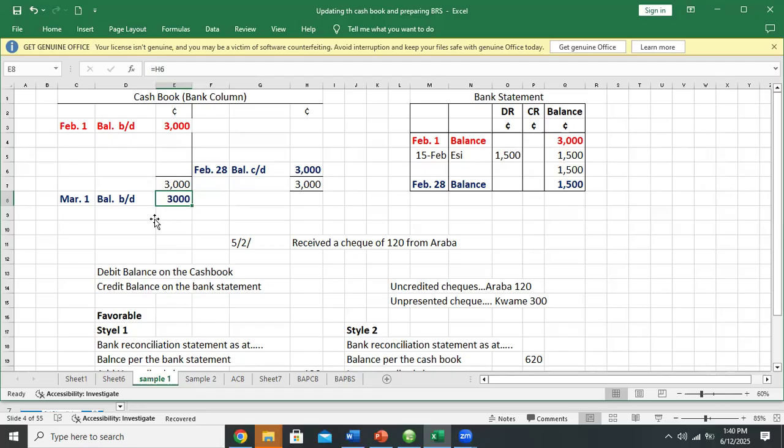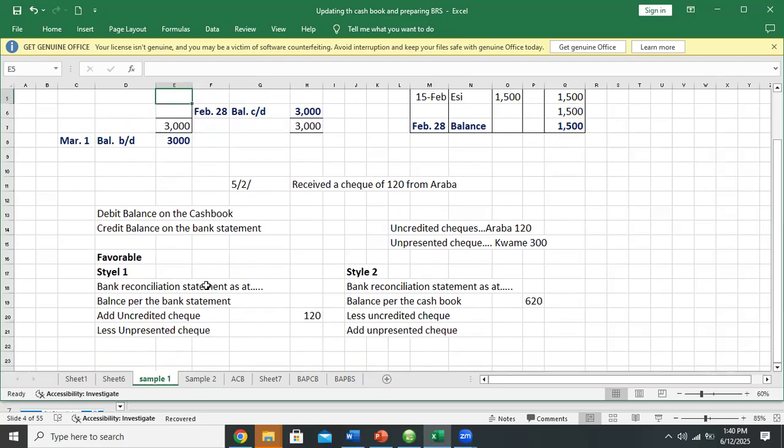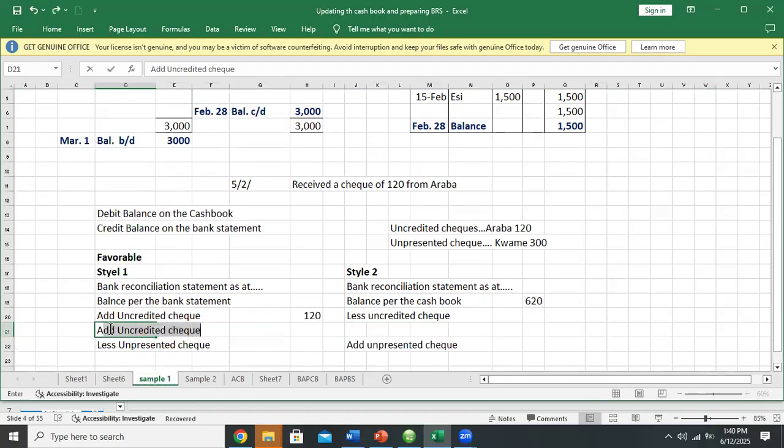So depending on the style you choose, and as I've demonstrated here, if you go with the balance per the bank statement, then as you saw here, you have to add the wrong debit, right? You have to add the wrong debit. Okay.